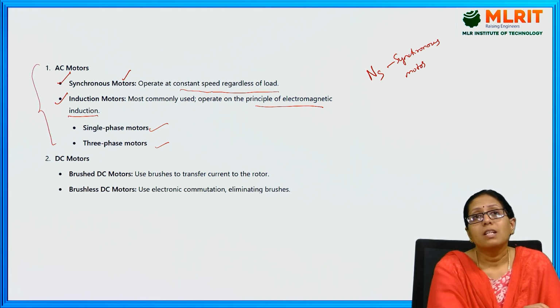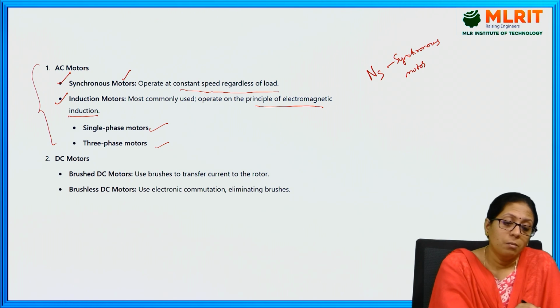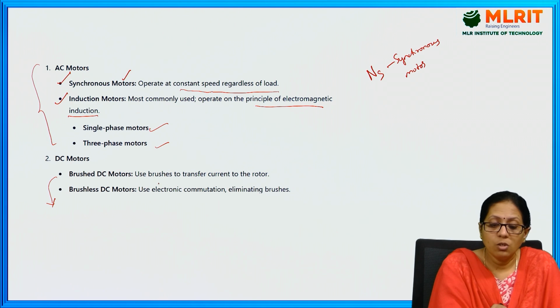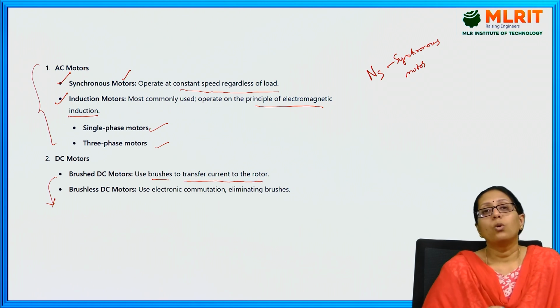Next one is the DC motor. DC motors are categorized into two types, that is brushed as well as brushless. The first one is brushed, meaning brushes are there in this particular motor. They use brushes to transfer current to the rotor.